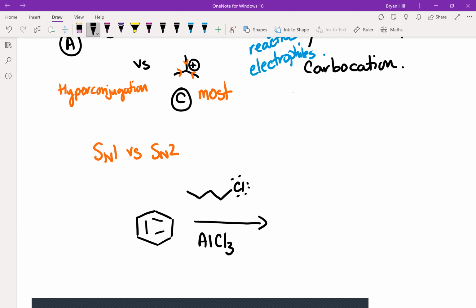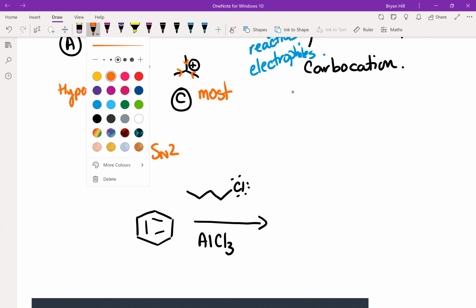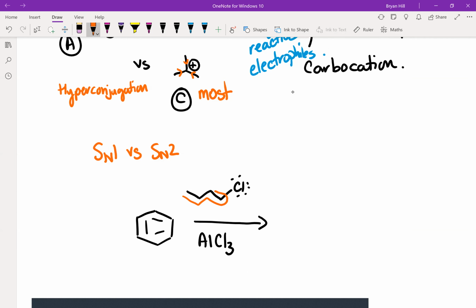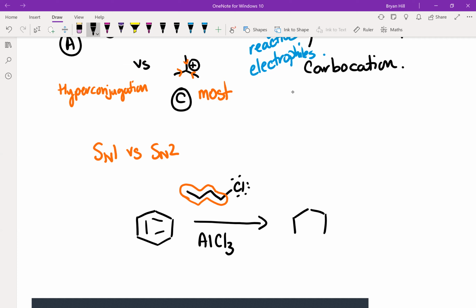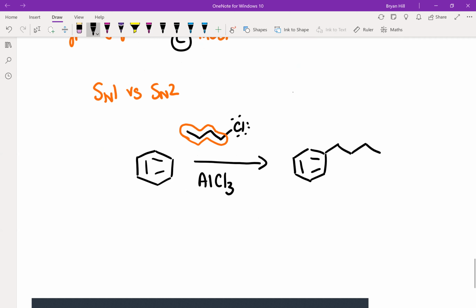the group we are going to be adding is this group here, right? So we should make as our main product this. 1, 2, 3, 4. However, that isn't what happens. This only accounts for 35% of your product. Your major product is in fact this.